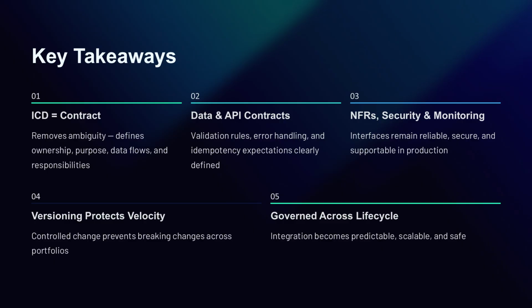A strong interface control document defines data contracts and application programming interface contracts clearly, including validation rules, error handling, and idempotency expectations. You include non-functional requirements, security controls, and monitoring expectations, so interfaces remain reliable, secure, and supportable in production.